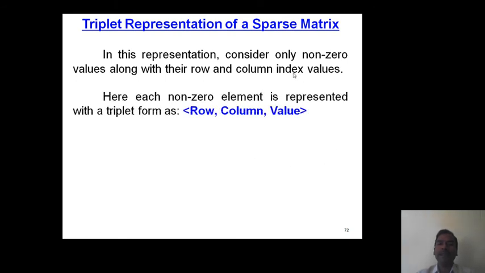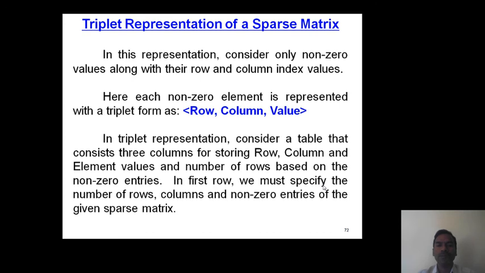Here, when we are representing these elements, we use a triplet format like row, column and non-zero value. So when we design this format, it is a table format that consists of 3 columns like row, column and element values, that represents the number of non-zero elements and then each row and column of the non-zero entries.